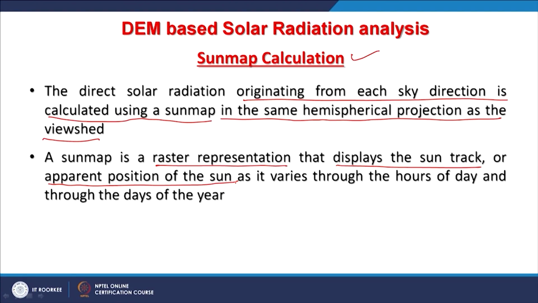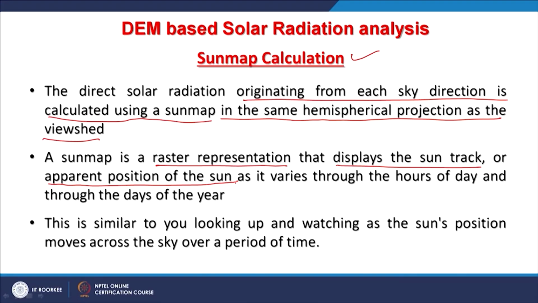So, these things are also considered while doing the sun map calculation, and it is similar to looking up and watching as the sun moves across the sky over a period of time. So, the sun map calculation will consider all this: in the daytime how the sun is changing with reference to that particular location, and also in seasons, because in winter the sun is at a larger distance from the earth, and therefore there are changes.